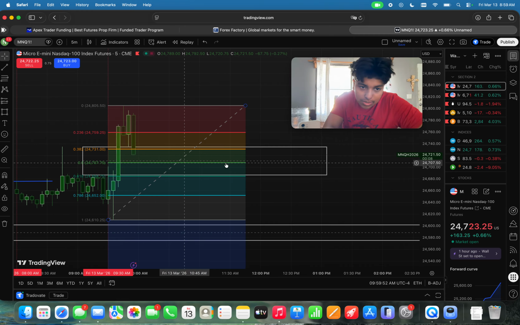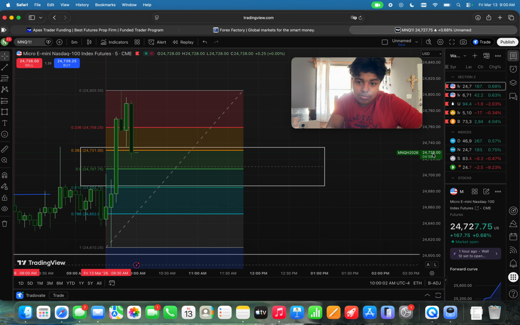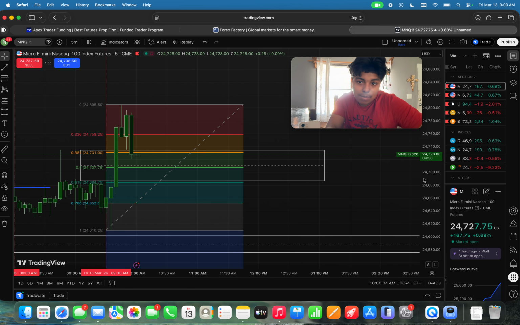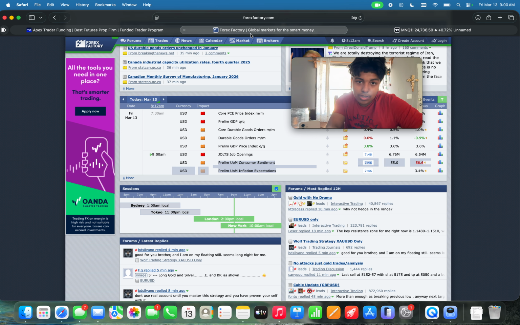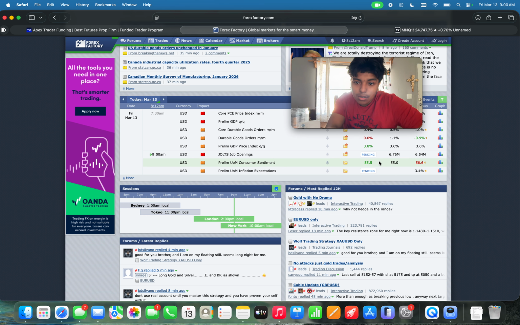Okay, price is dumping into the 15-minute gap. So let's see what this does. And also news is gonna come out just like right now. So let's see what news does with this, if it invalidates this gap or not. And we can also see what news tells us here. Still pending. News is making it bullish. Okay, good for currency, bad for stocks.